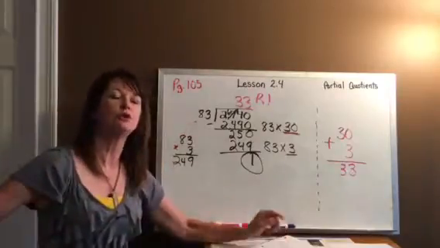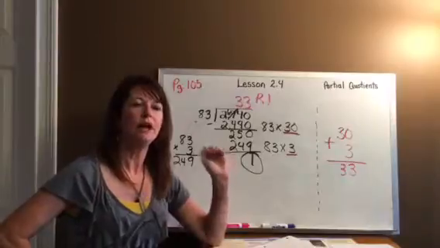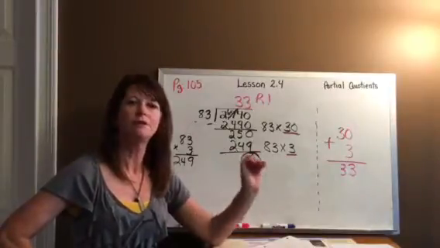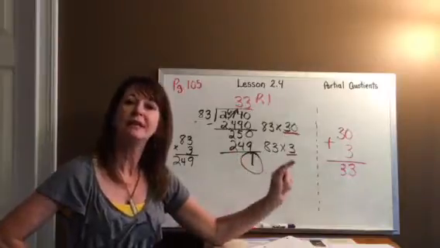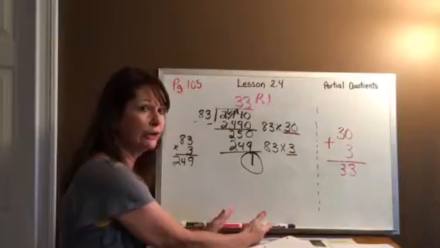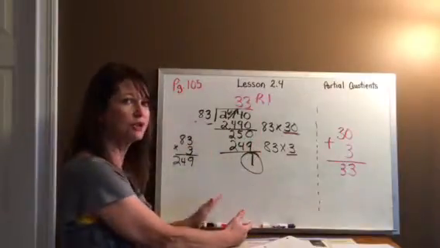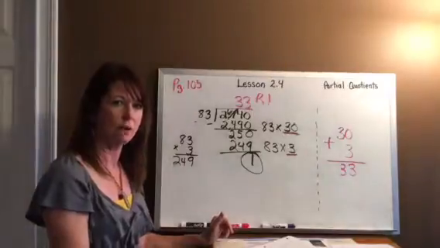Okay, remember how I told you there are several different ways to do this? If you're uncertain about it, if you're not sure that you could do that 30 right there, go ahead and do 10. What's going to happen is your problem's going to be longer. You're going to work through it more times, but you're going to get the same answer, okay?